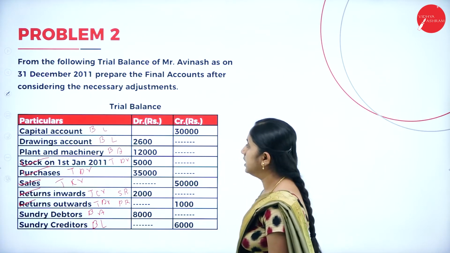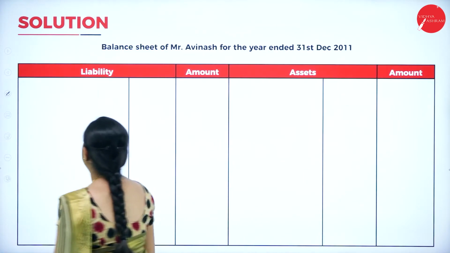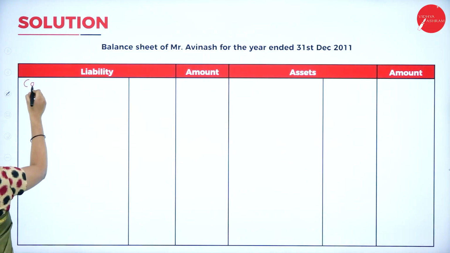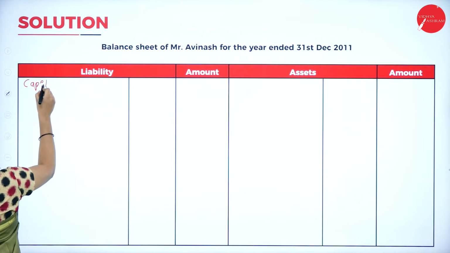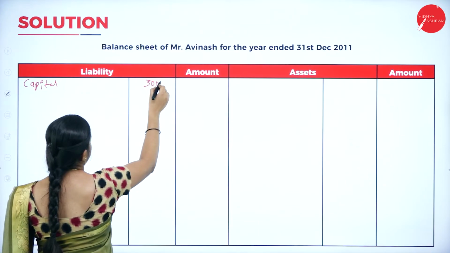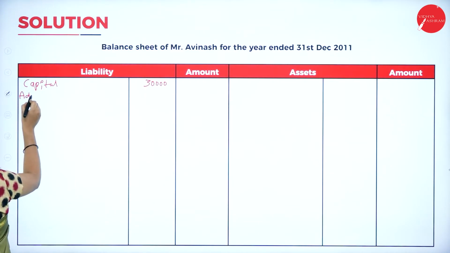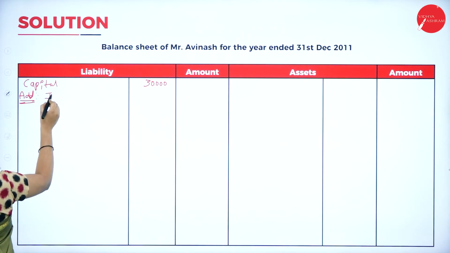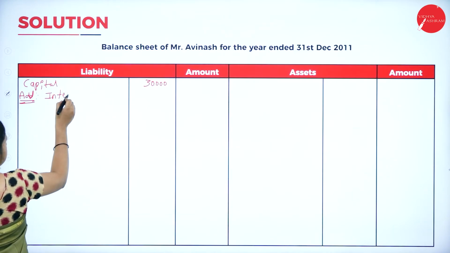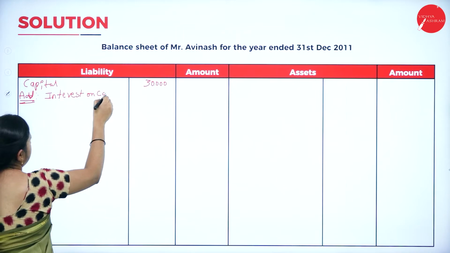Capital rupees 30,000. Capital is a balance sheet liability, right? Capital 30,000. In adjustment, we have interest on capital.